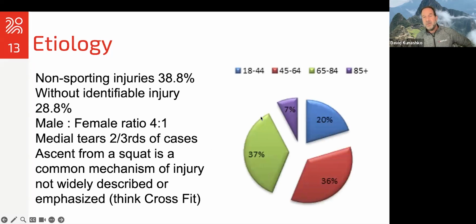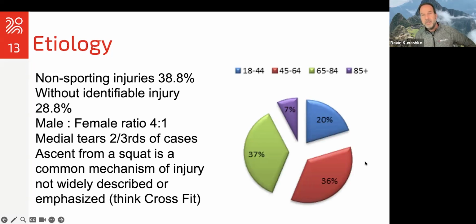If you break it down age group wise, you can see that a lot of tears occur in later years, 65 plus. There's a big segment in 45 to 64 and a much smaller segment in the younger population, because usually for those, it really only happens through trauma, like through sports.